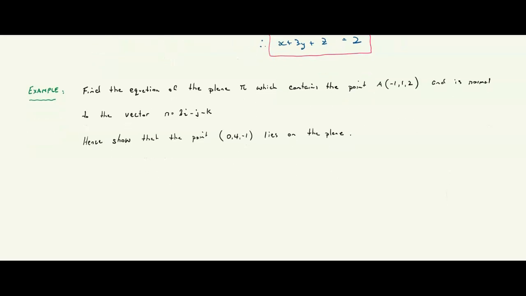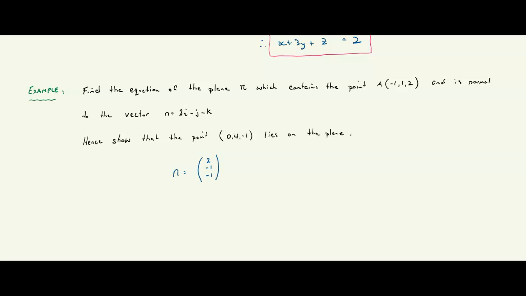So pi is going to be equal to, so what do we need to do? We need to say that pi, right, so it's going to be ax plus by, so my normal vector, so maybe I should just write my normal vector first. My normal vector is my coefficients here of my base vectors, 2, -1, -1.